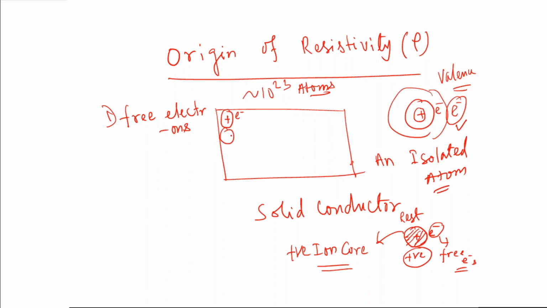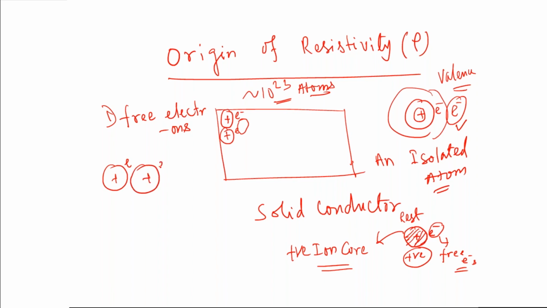I can denote this as a positive core and one electron. I have closely spaced other atoms also, because this is a solid with of the order of 10 to the power 23 atoms, so they are very, very close to each other.